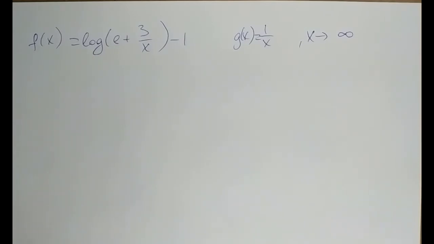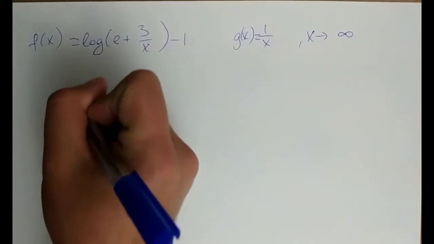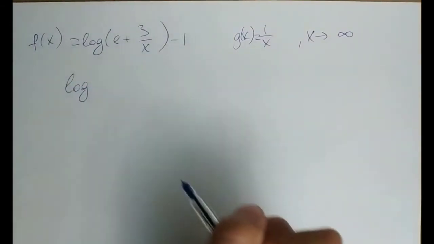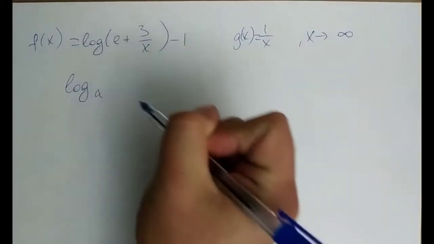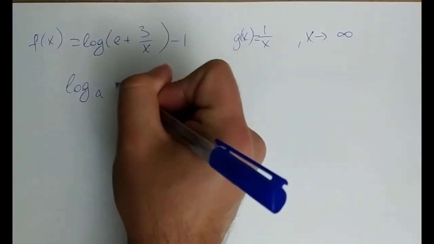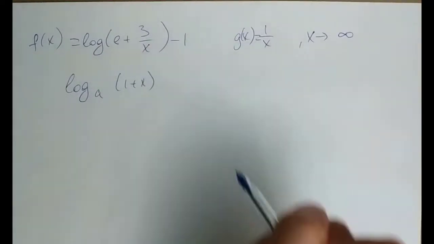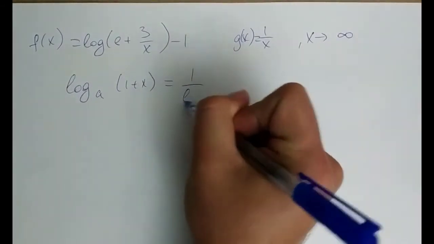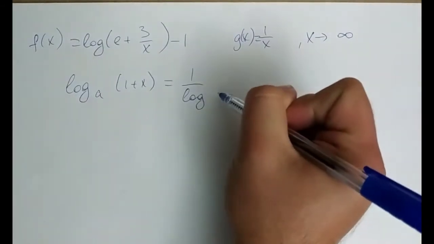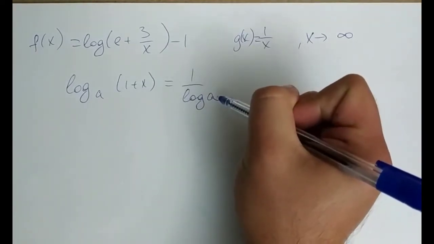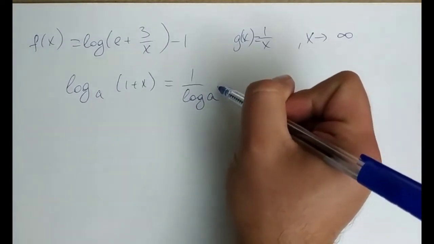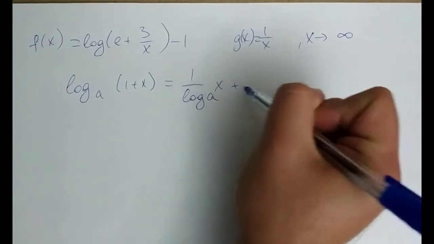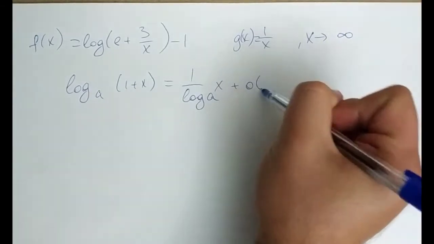We will use the corollaries of the second fundamental limit. So what we have: logarithm, the base of a, of 1 plus x, equals 1 over logarithm a times x plus small o of x.